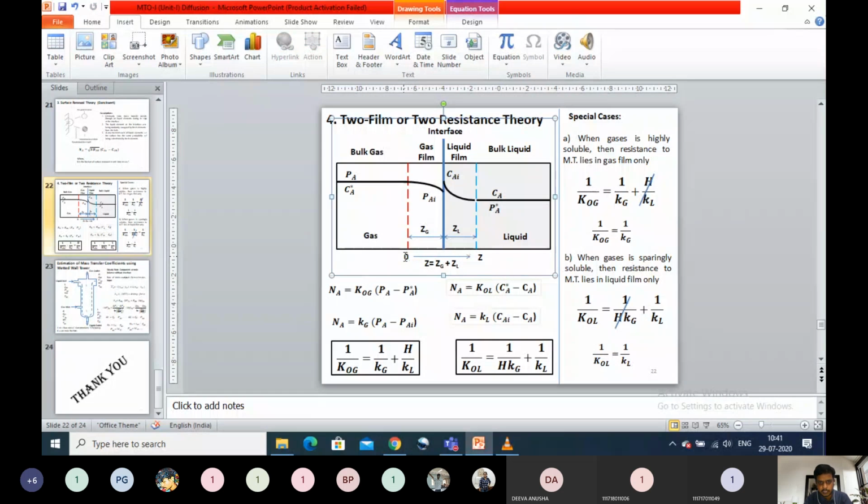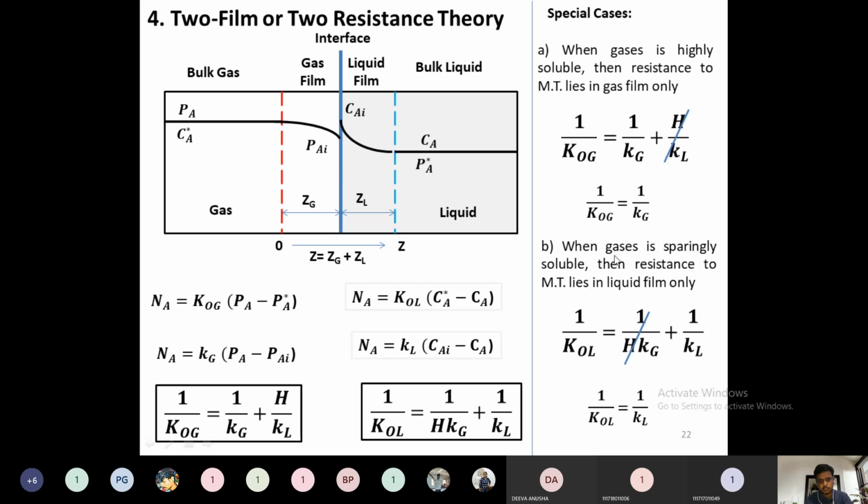So the starting origin is 0, and the ending point is Z. At Z equal to 0, the concentrations are Pa and Ca star, and at the other end, the bulk concentration Ca and the equilibrium value Pa star. Within the film only, the mass transfer is taking place, so the concentration will vary.